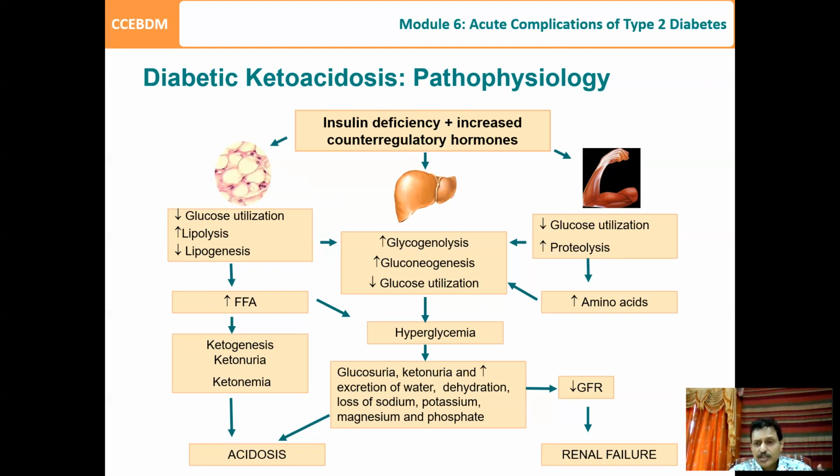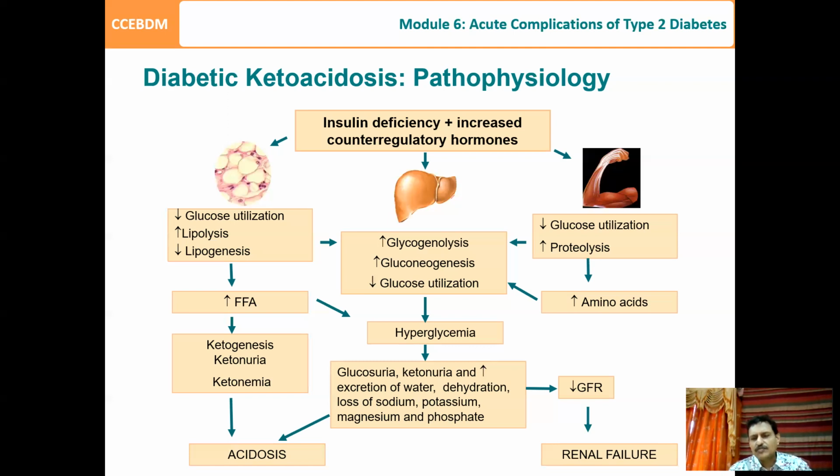So they try to mobilize more glucose, and this is basically counterproductive. Though they are mobilizing more glucose so that the demand can be fulfilled, this glucose cannot enter the cell. That contributes to the state of hyperglycemia, and there is severe hyperglycemia.